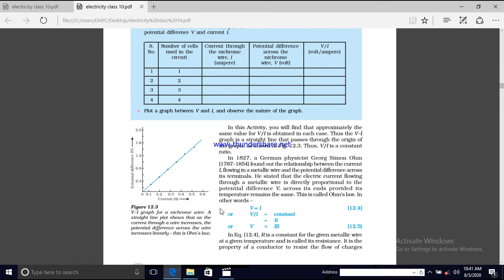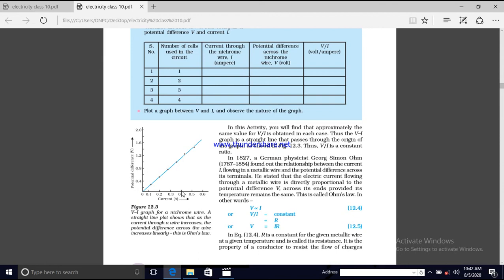Here you can see, for this fourth value, we can take approximately 1 divided by 0.4. What will 1 divided by 0.4 be?